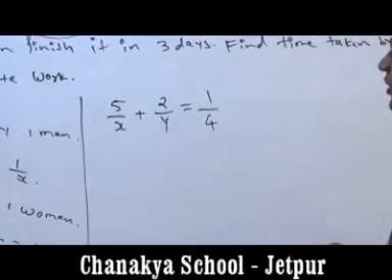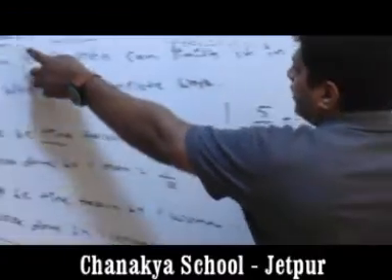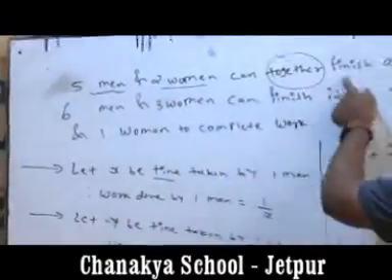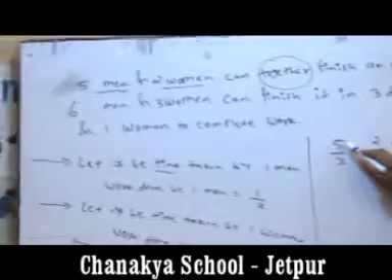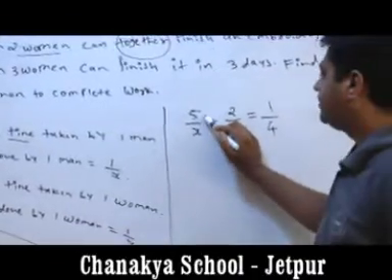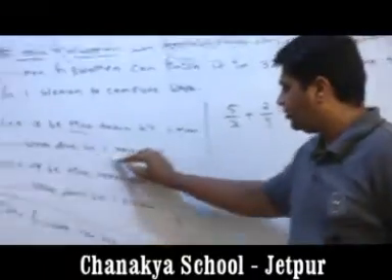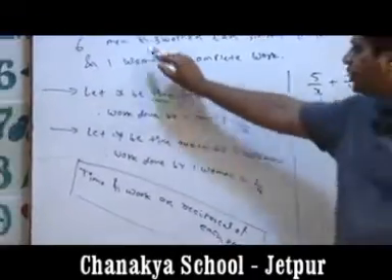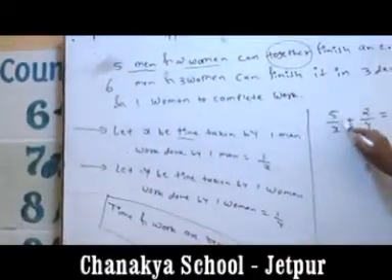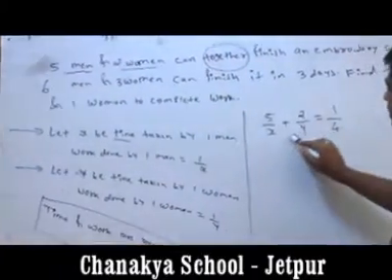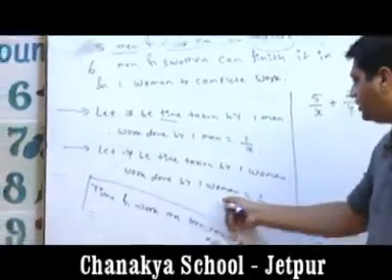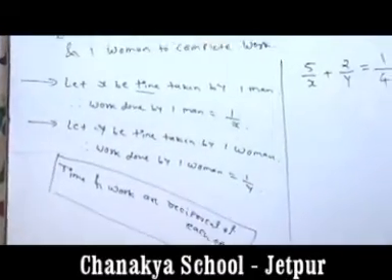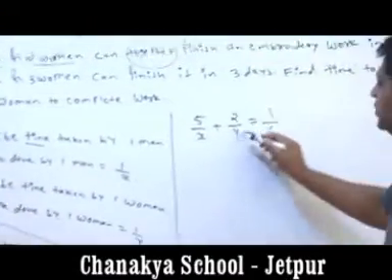Repeating again, 5 men and 2 women can together finish the embroidery work in 4 days. Work done by 1 man is 1 by x, therefore work done by 5 men is 5 by x, plus work done by 2 women, which is 2 by y.